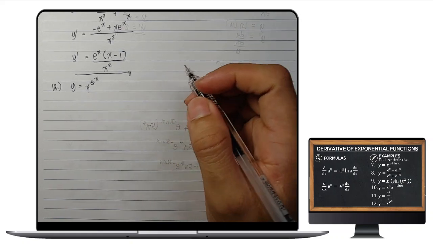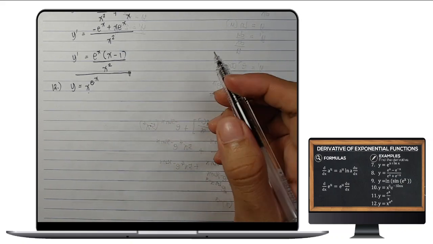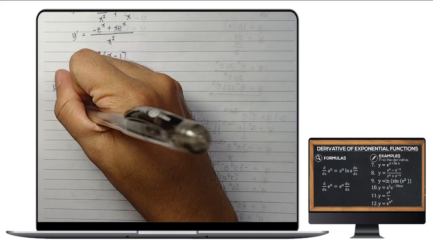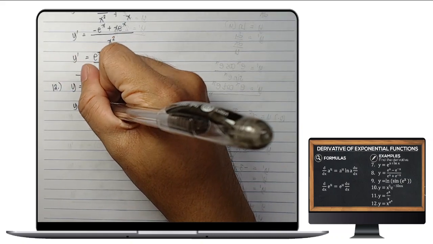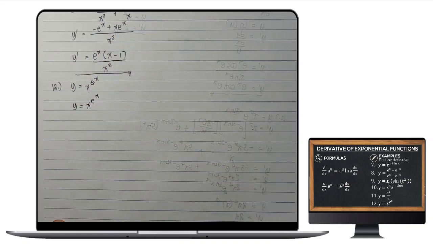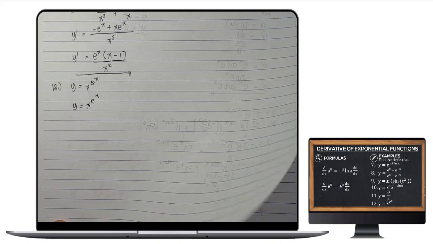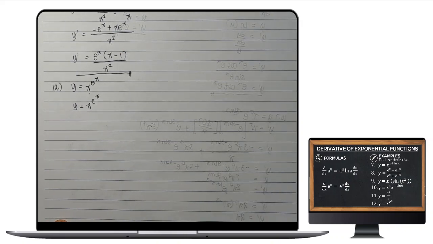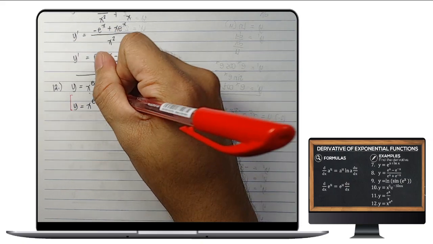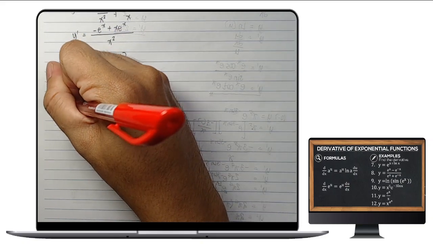So for problem number 12, we'll be applying manipulation here. That is y is equal to x raised to e raised to x. So let's manipulate this by, first things first, taking ln, or the natural logarithm, of both sides.